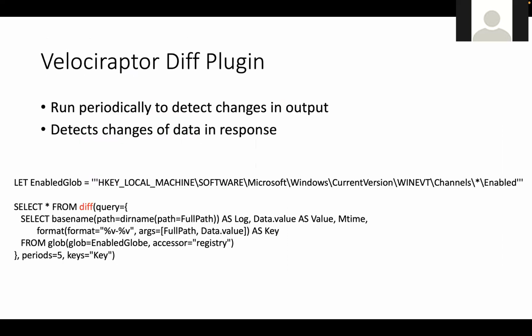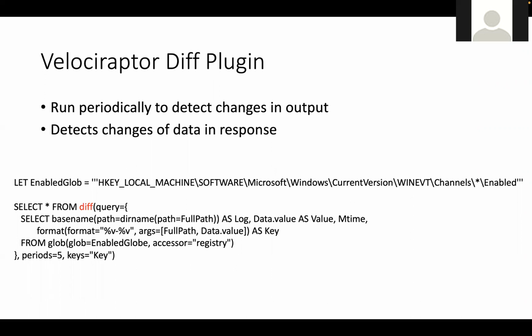So Velociraptor has a plugin called the Diff plugin, and this can be run periodically to detect changes in output. It's monitoring a certain registry key. This is the actual key in here.